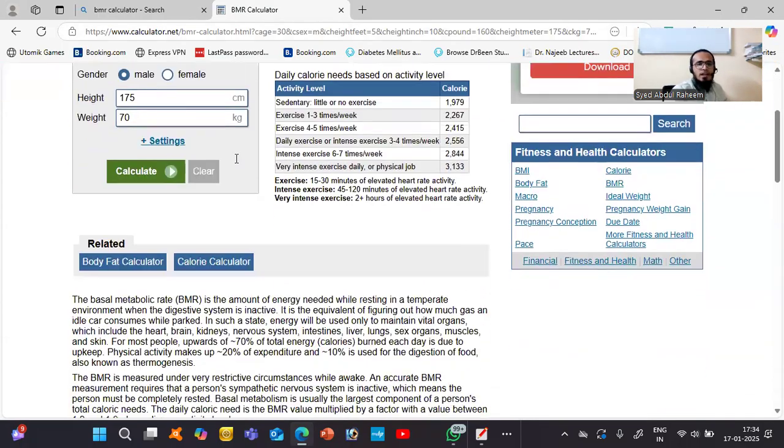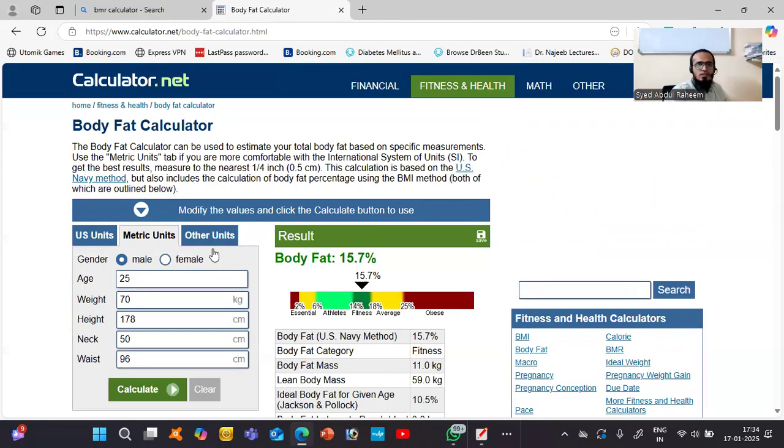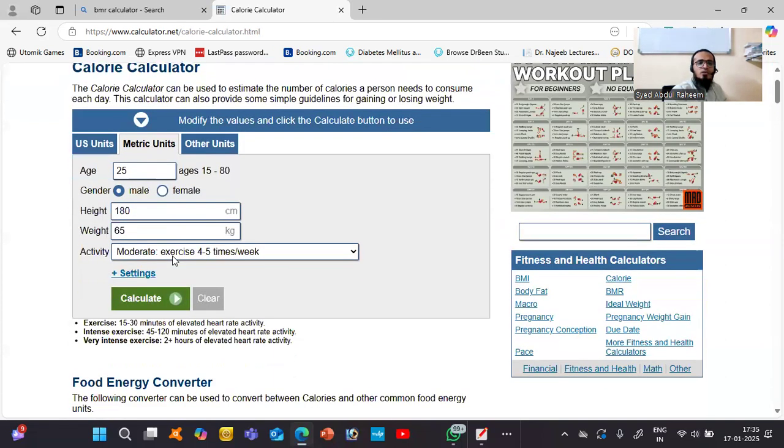With the BMR calculator you also have a body fat calculator and a calorie calculator. Here you have to know the weight, height, and activity.